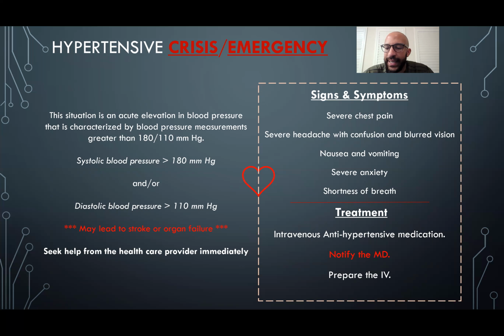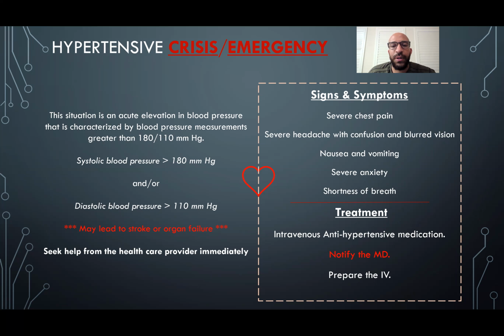So, what is a hypertensive crisis? Well, this situation is an acute elevation in blood pressure that is characterized by blood pressure measurements greater than 180 over 110 millimeters of mercury. So when the systolic blood pressure gets so high that it's above 180, or the diastolic blood pressure rises so high that it's higher than 110, this patient has entered into a hypertensive crisis.